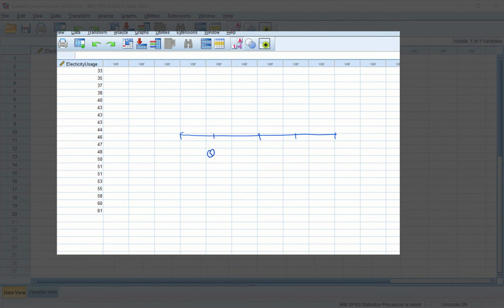So this will be Q1, and this will be Q2, and this will be Q3. The series gets divided into 4 equal parts with quartiles. Now Q1 is nothing else but the size of (n plus 1) over 4th item.